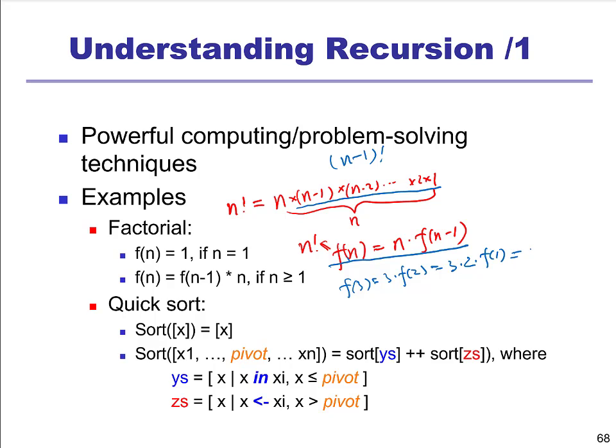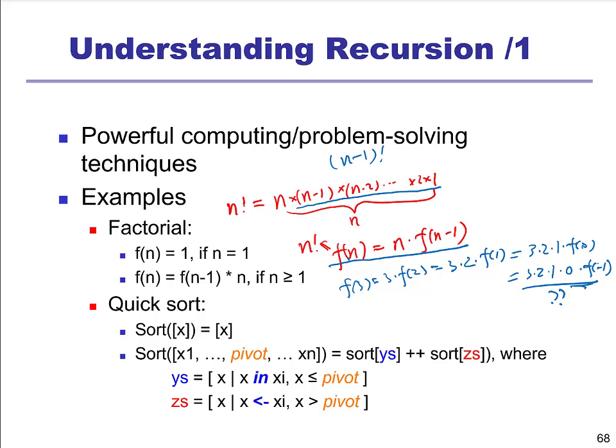If you keep doing it, it's 3 times 2 times 1 times f0, and 3 times 2 times 1 times 0 times f(minus 1). But really, the problem here is that because we have a 0 here, it will make any f(n) equal to 0, right?